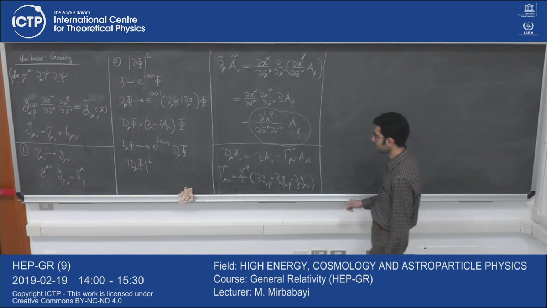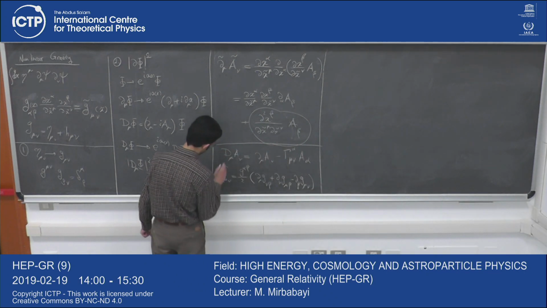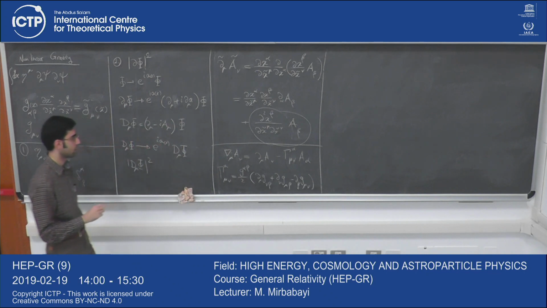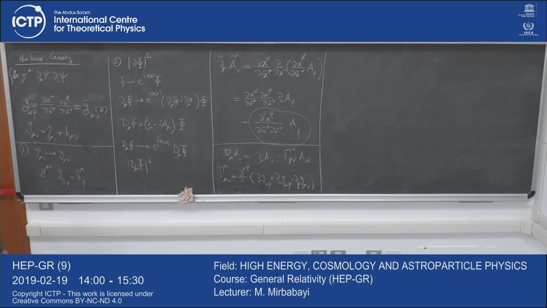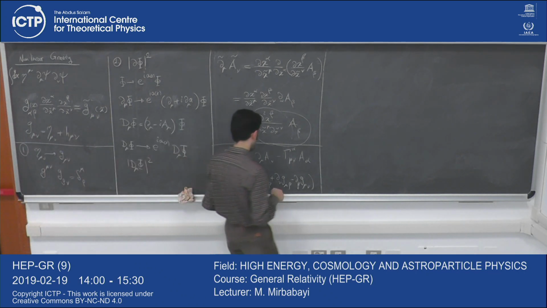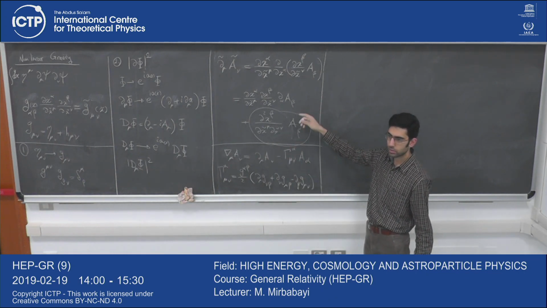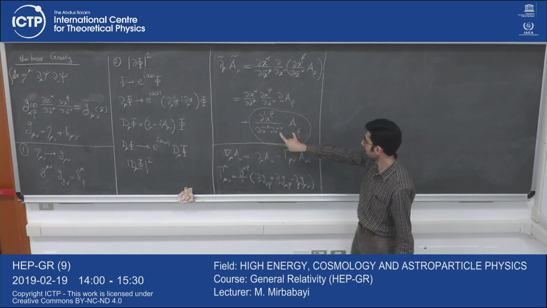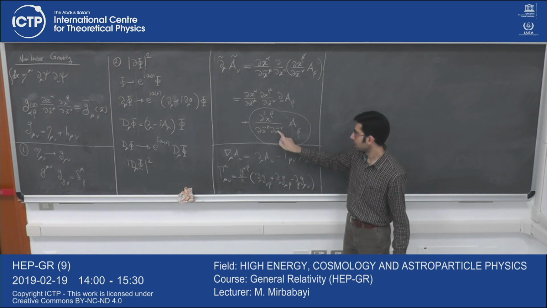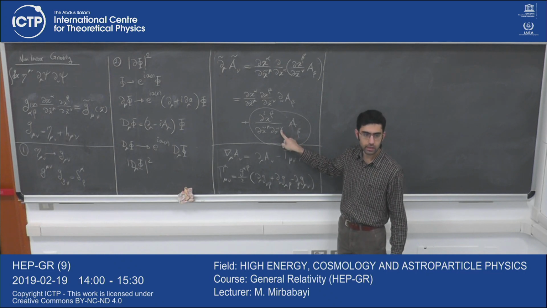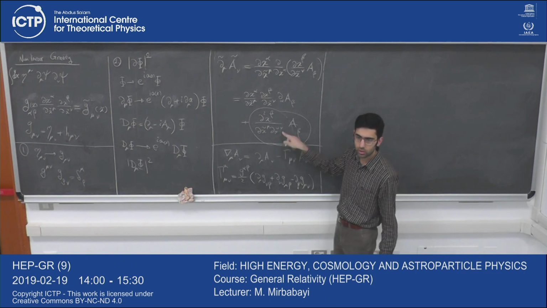Now this covariant derivative, you should write it like this, just to be consistent. By the way, you can see that there are some objects for which this mismatch doesn't matter. For instance, this term is symmetric under the exchange of mu and nu.